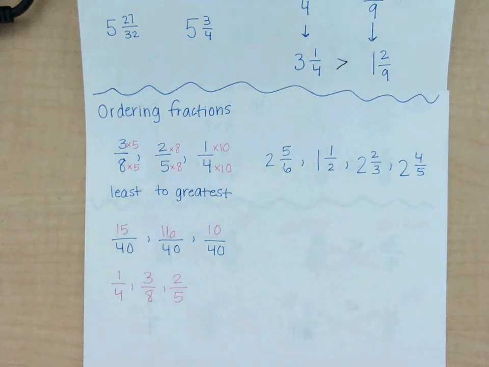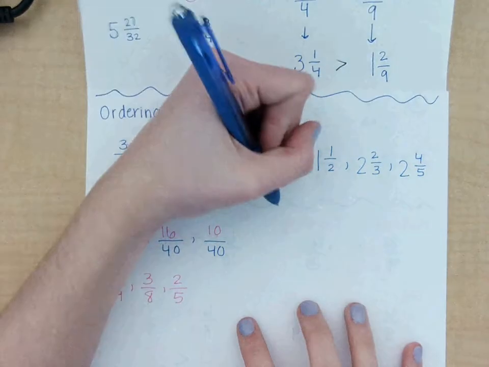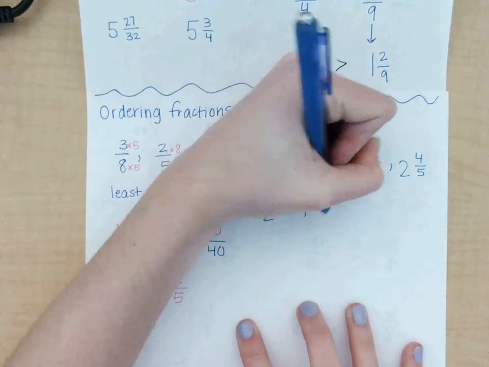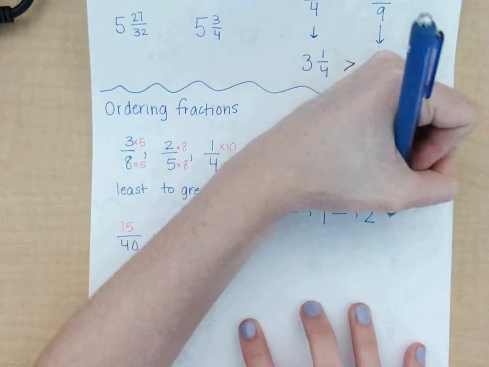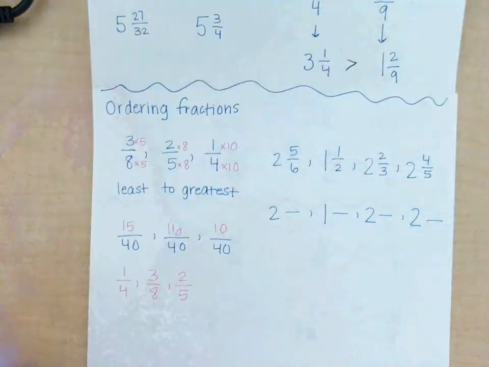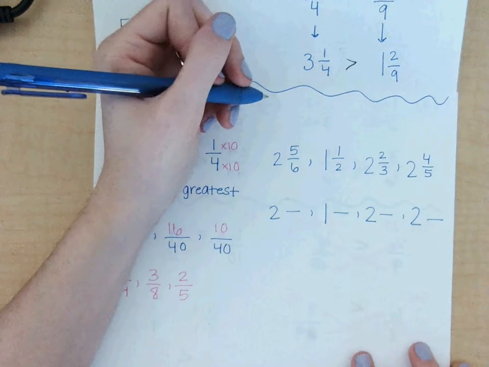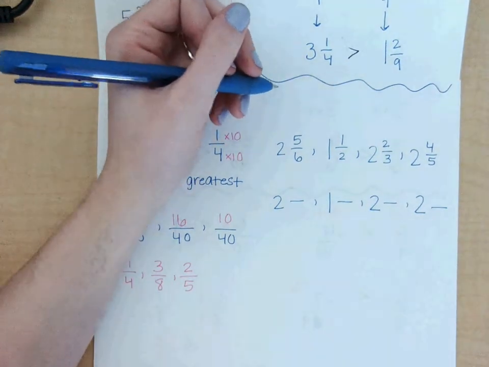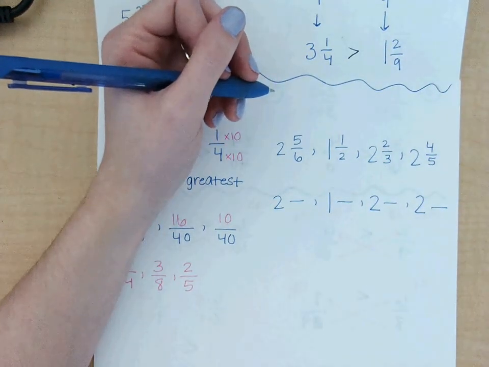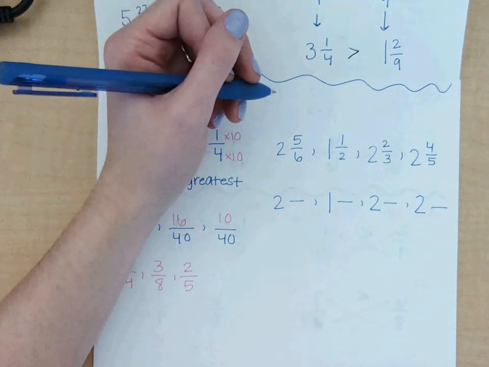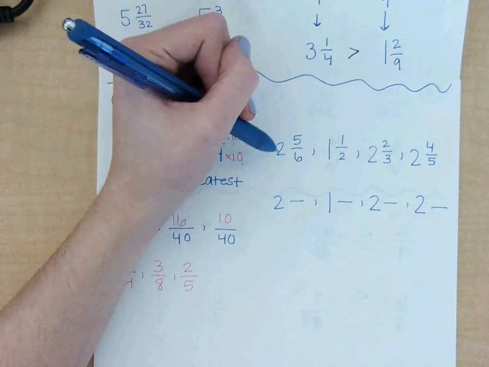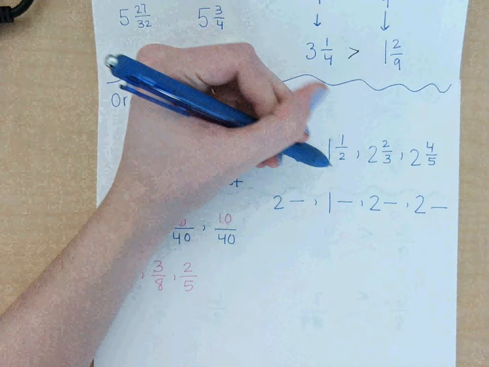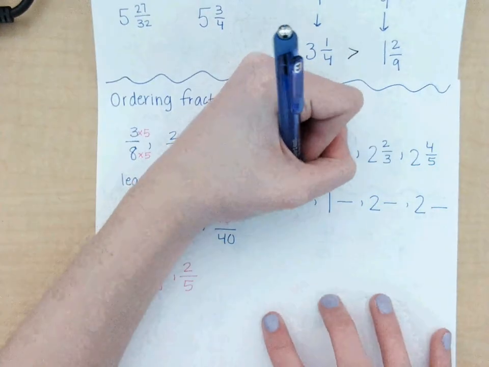Just look at the whole thing. You could start by looking at the whole numbers. Do we need to change anything with the whole numbers? No. Leave the whole numbers aside, but look for a common denominator that they can all share. What do you think it's going to be? What's their common denominator? 30. These numbers are all factors of 30.